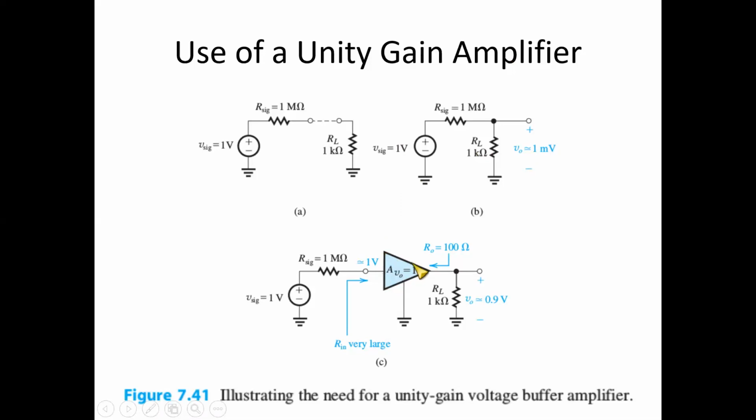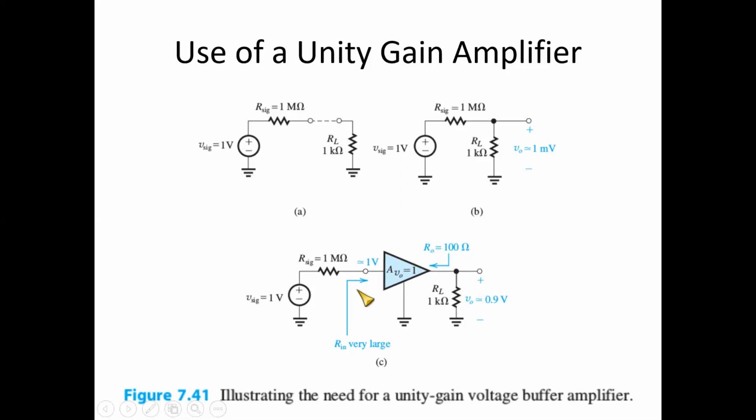The MOSFET-based unity gain amplifier has an input impedance that is infinite, or very, very large, might be hundreds of mega ohms, or ideally you can consider it as infinite.